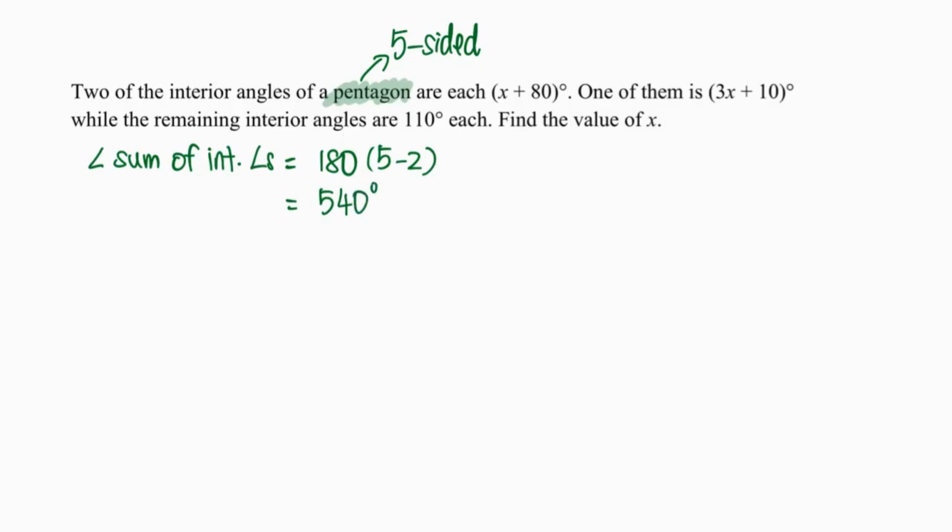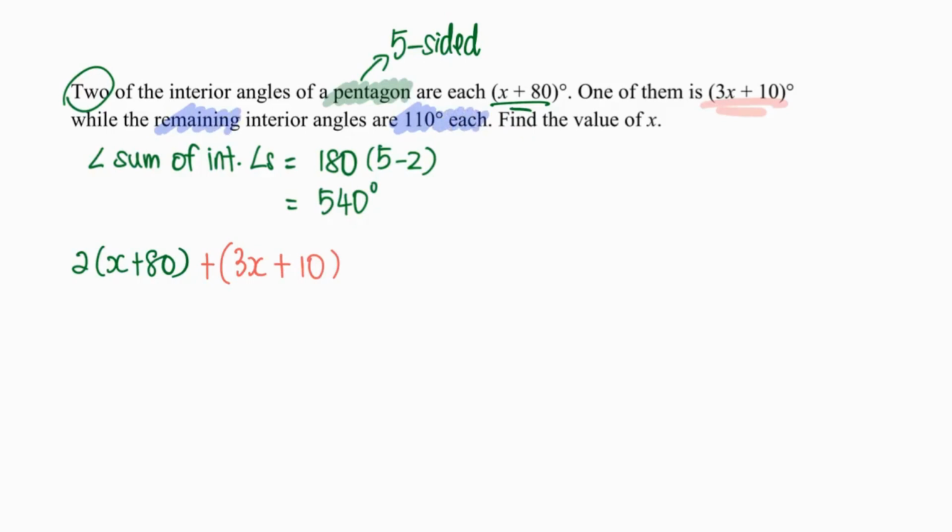Now all I have to do, 2 is this. So you will see that I have 2 times x plus 180. 1 is this. So I will have to add one of them. And the remaining are 110 each.